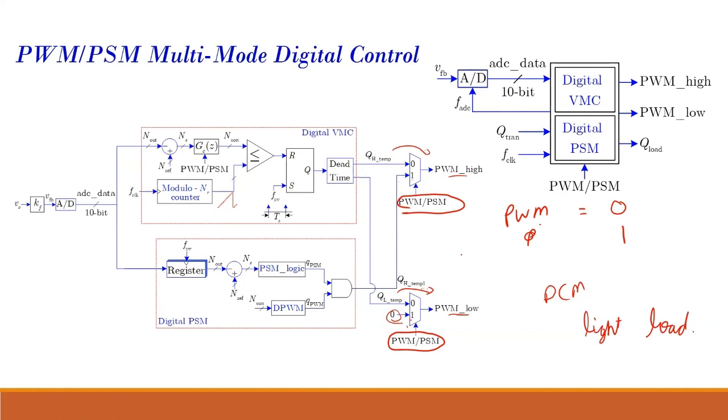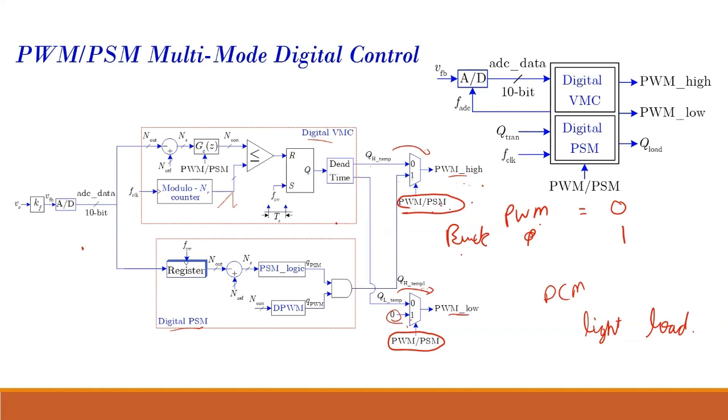But I didn't get the point here. Okay, in your controller, you are implementing digital voltage mode control as well as digital pulse skipping modulation. Both are being processed concurrently, and both are generating gate signals. But which gate signal we effectively send to our buck converter depends on the value we assign to the select line.